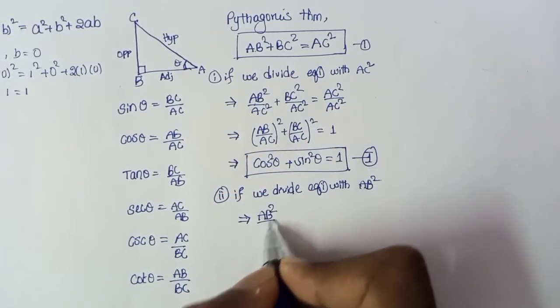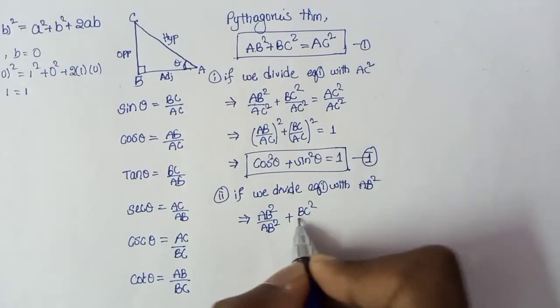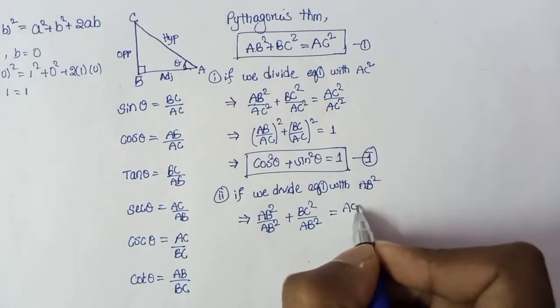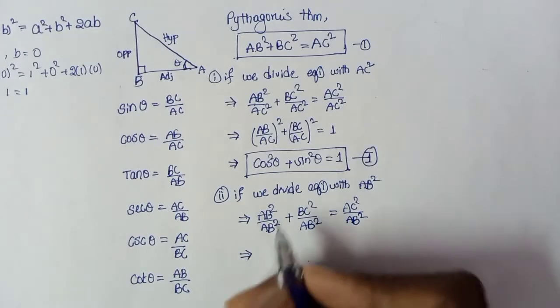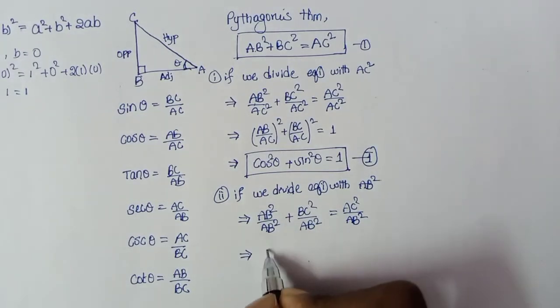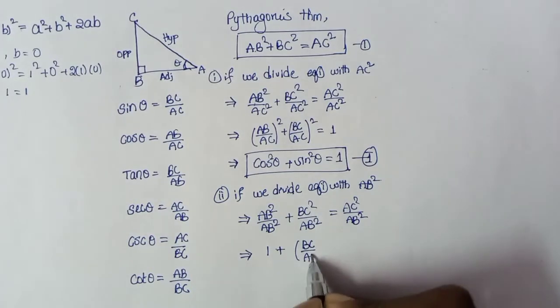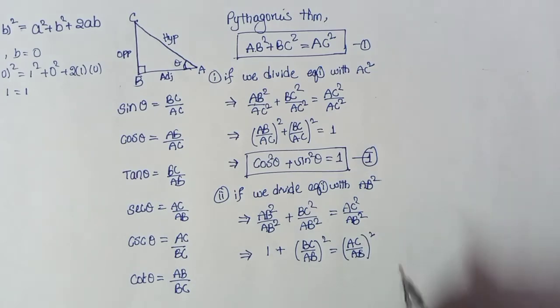AB square divided by AB square plus BC square divided by AB square is equal to AC square divided by AB square. Here AB square gets cancelled, remaining with 1. Here (BC by AB) whole square is equal to (AC by AB) whole square.